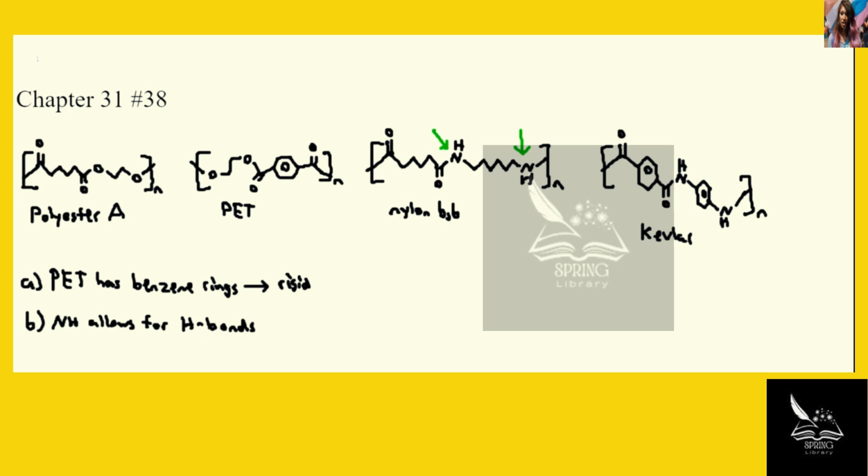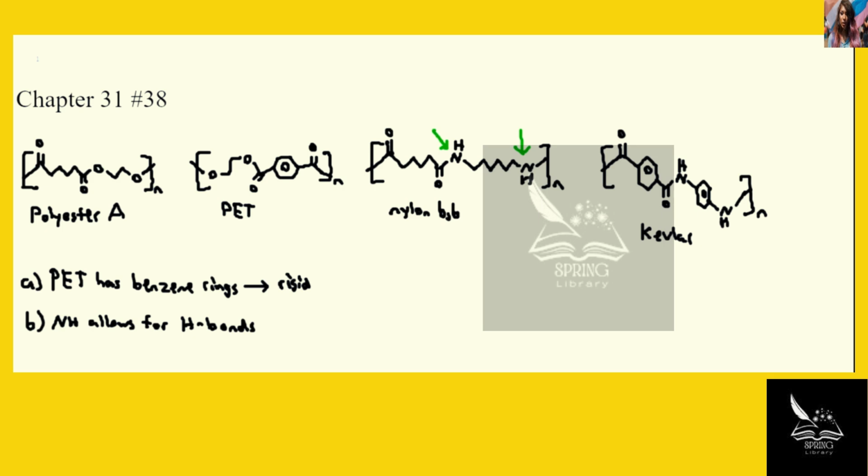And so lastly, for part C of this problem, we're asked how we would expect the Tm value for Kevlar to compare with the Tm value for nylon 6,6. And we're asked to explain that prediction. So I've drawn Kevlar out.